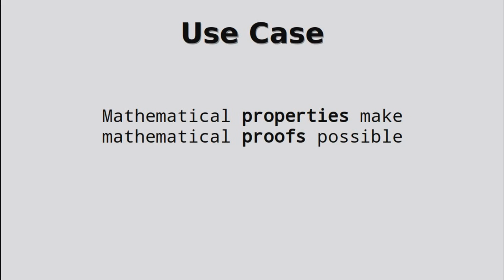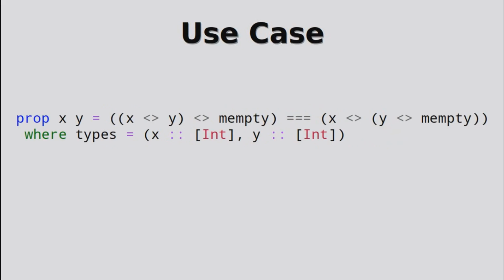Another use case is that mathematical properties make mathematical proofs possible. Since we have mathematical properties for the semantics of our program, we can create mathematical proofs that prove the semantics. So for example, a statement like this property, you could check with QuickCheck and it will always return true.